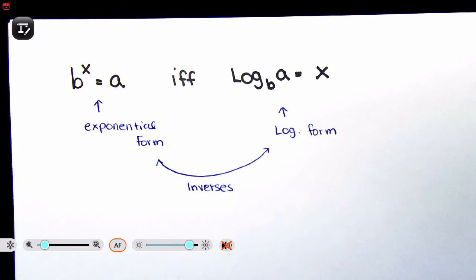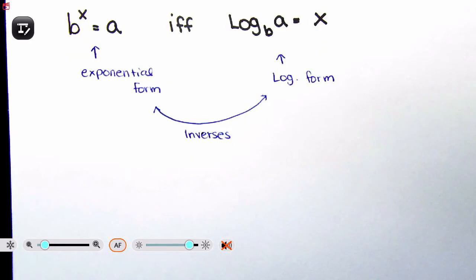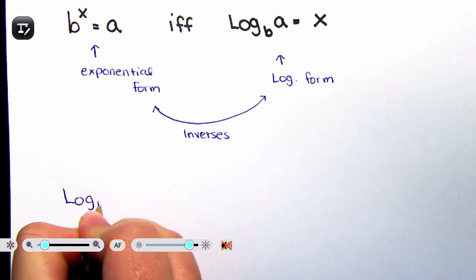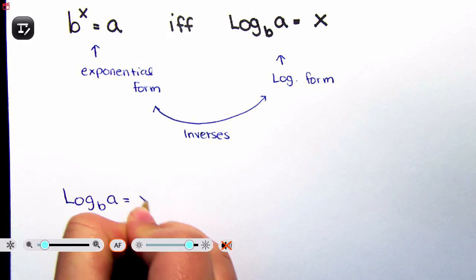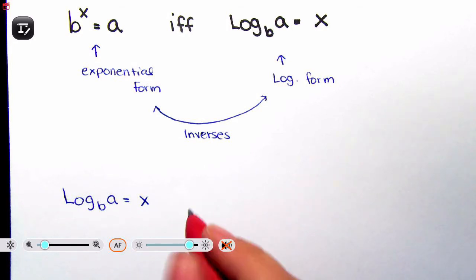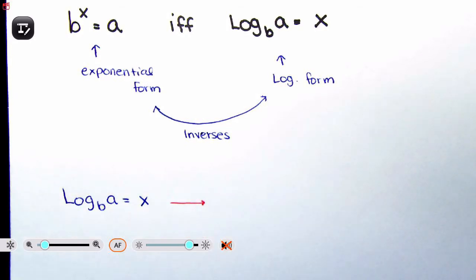So let's go ahead and prove real quickly that these two forms are inverses of each other. Let's start with log base b of a is equal to x. The first thing that we are supposed to do when we find the inverse is to switch the position of x and y. Actually, let's not rewrite this in terms of a logarithm, since that would use what we're trying to prove in order to prove it.